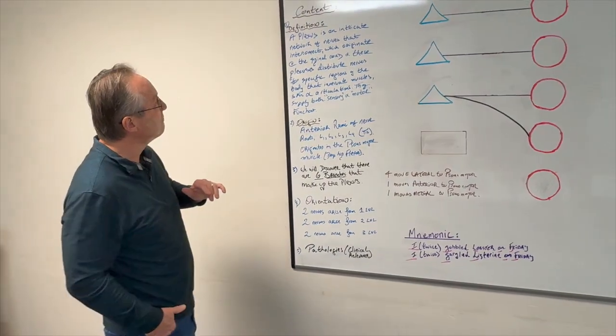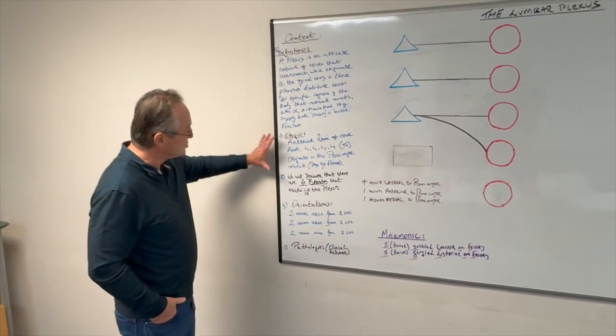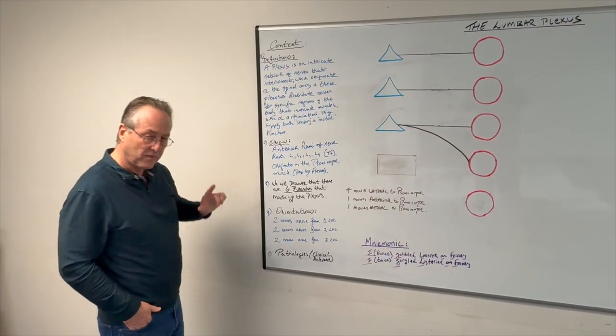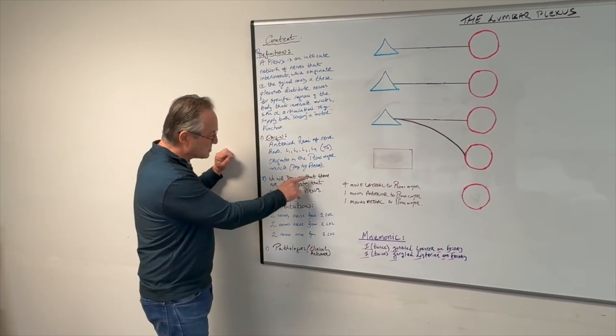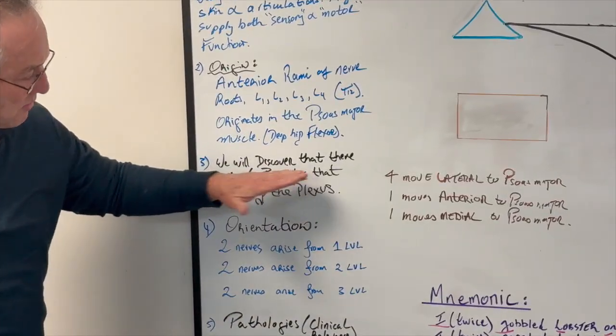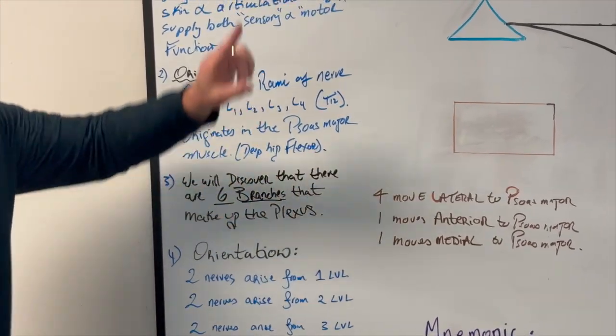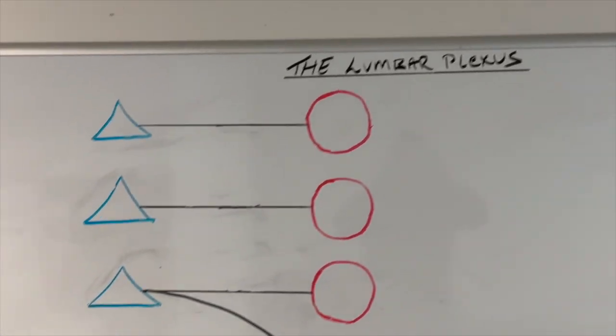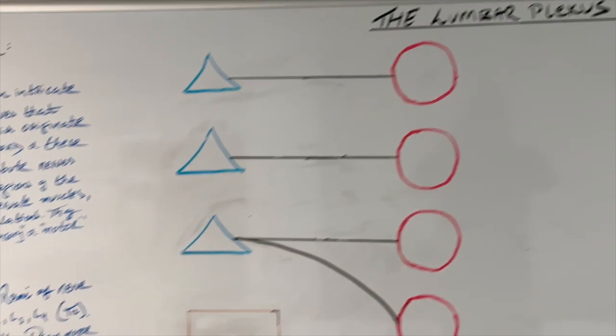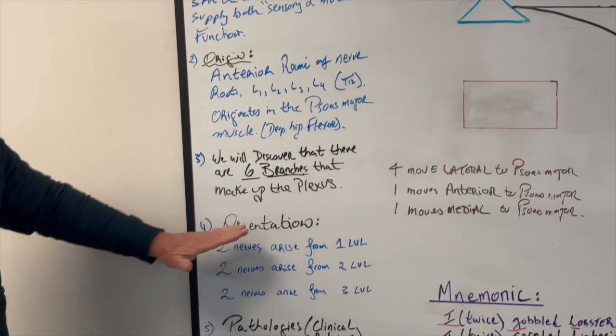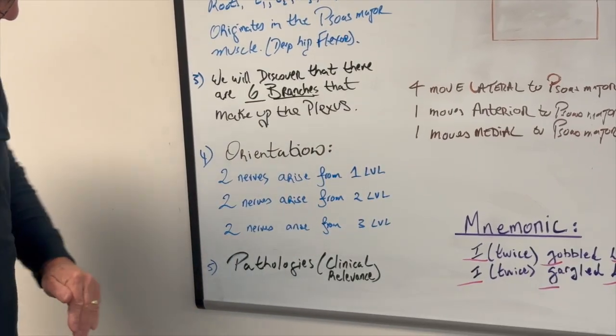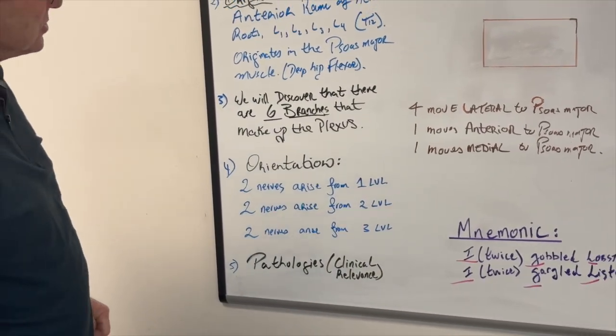Okay? So we talked about the definition, we talked about origin. A couple of things that we will discover. We will discover that there are 6 main branches that make up the lumbar plexus. Okay? And then the orientation, we talked about that, the 2 nerves arising from different levels, and then we'll talk about some pathologies.